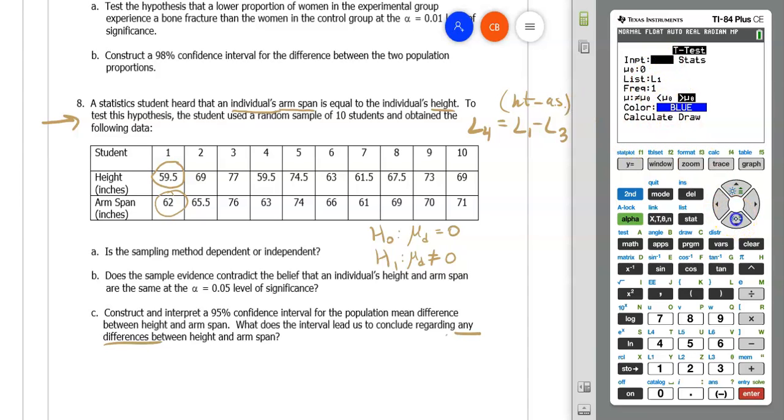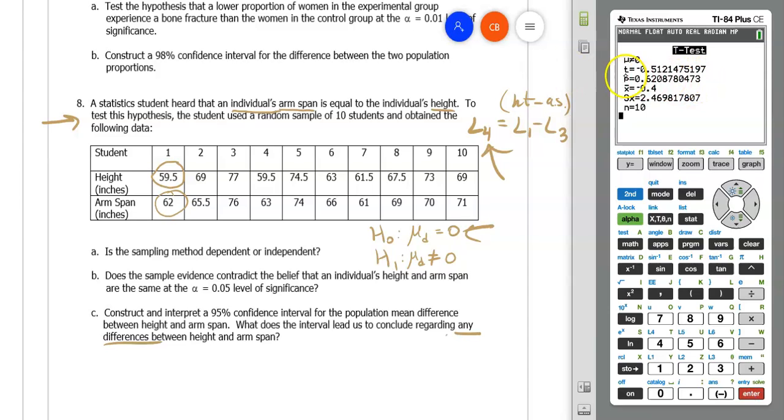No, not list 3, it's list 4 for me, because I made list 4 be the set of the differences. And then the mu naught that's over here, that's going to be 0 because that's the value from the null hypothesis. And we are checking the two-tailed case, just whether the mean difference is something other than 0. So we'd pick the not equals, and then we'll go over here and we'll calculate it.